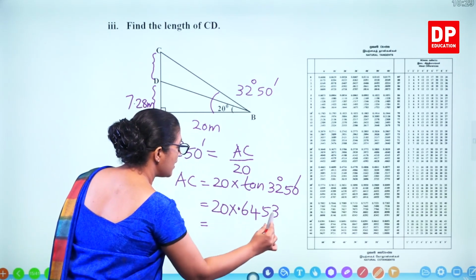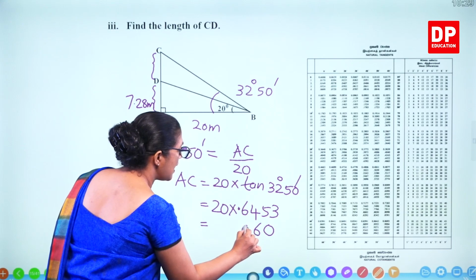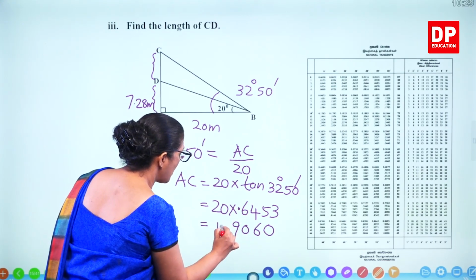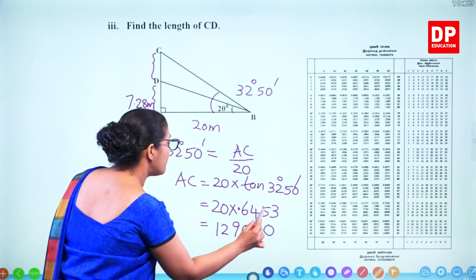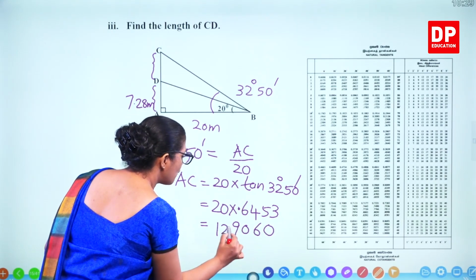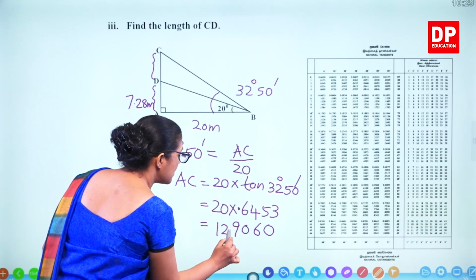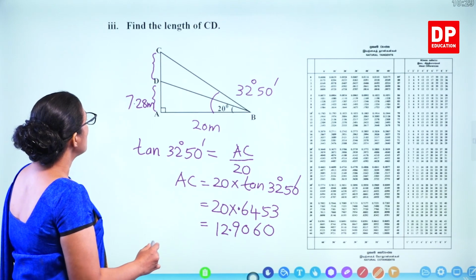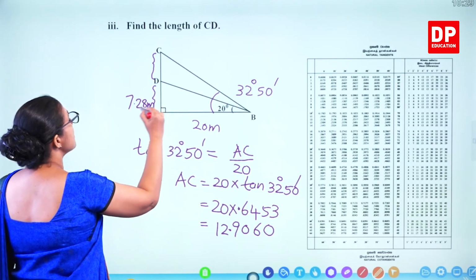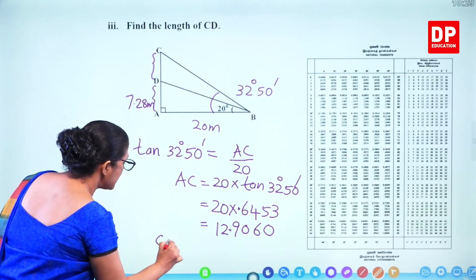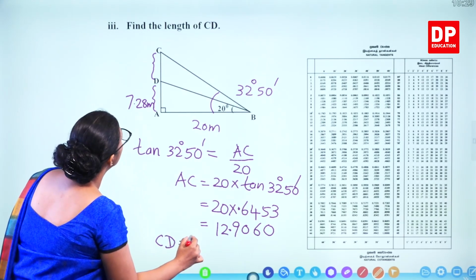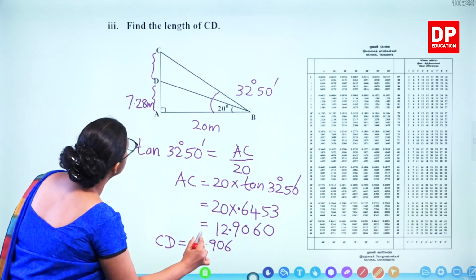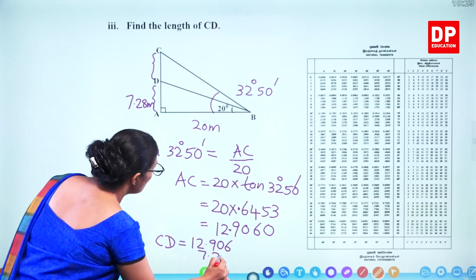Put a 0, and 2 times 3 is 6, 2 times 4 is 8, 2 times 5 is 10, 2 times 6 is 12, and here 4 places, 1, 2, 3, 4. So 12.906. That's AC. So what's AD now? AD is 7.28. So therefore CD equals 12.906 minus 7.28.